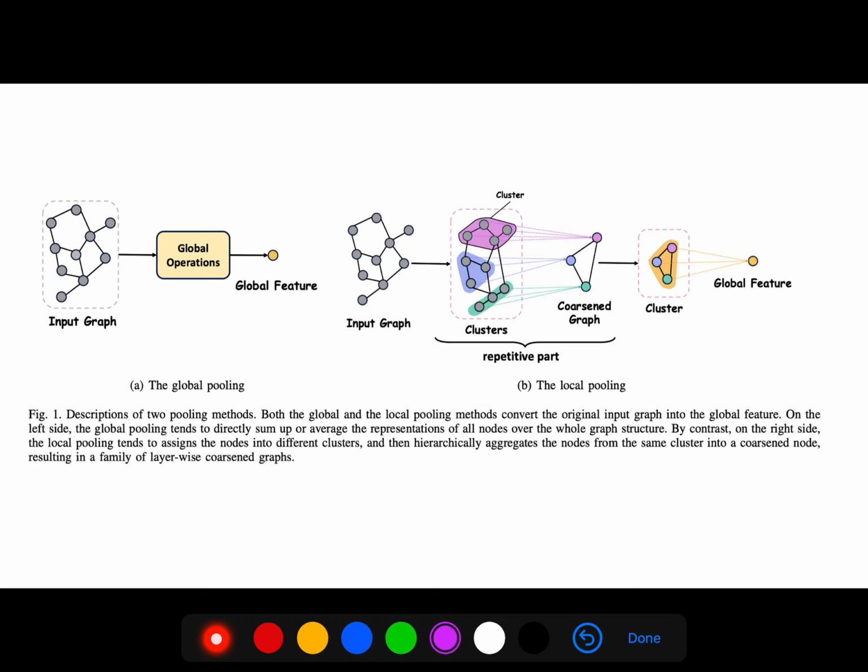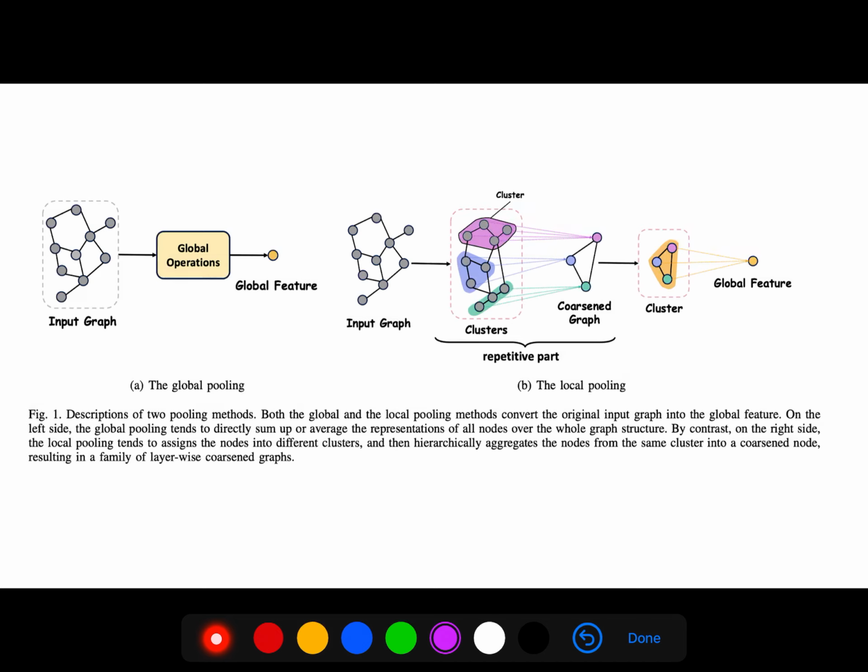By contrast, on the right side, the local pooling tends to assign the nodes into different clusters and then hierarchically aggregate the nodes from the same cluster into a coarsened node, resulting in a family of layer-wise coarsened graphs.